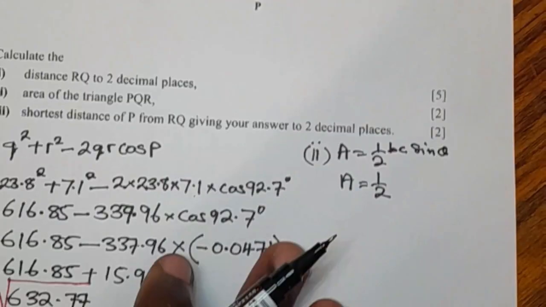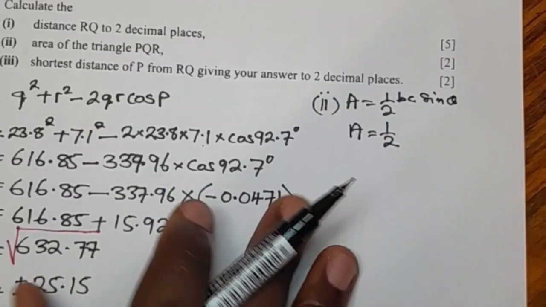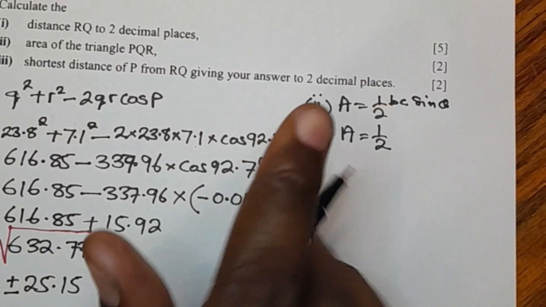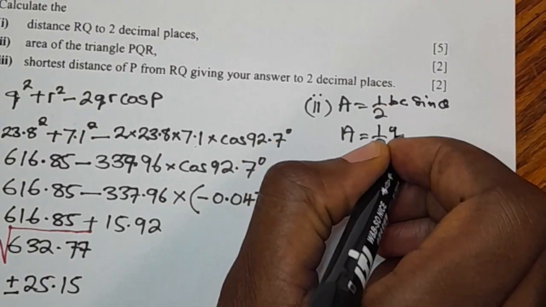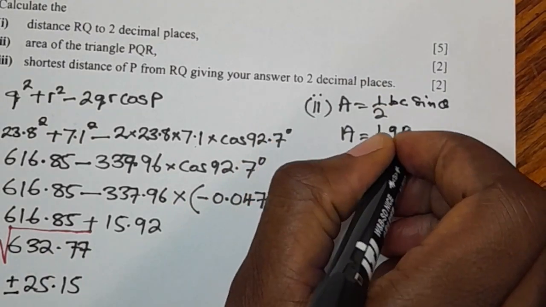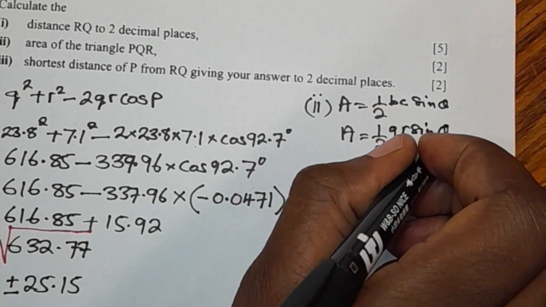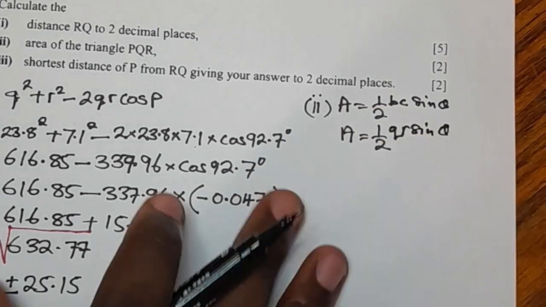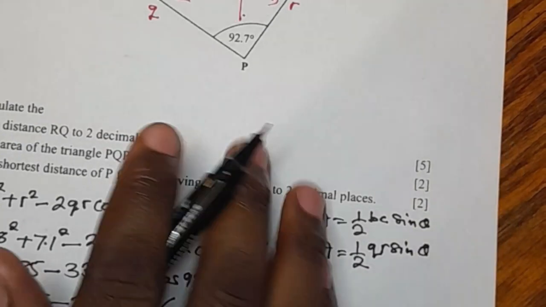So we are going to have half QR sine theta. Theta is actually the angle that we've been given, this one here.